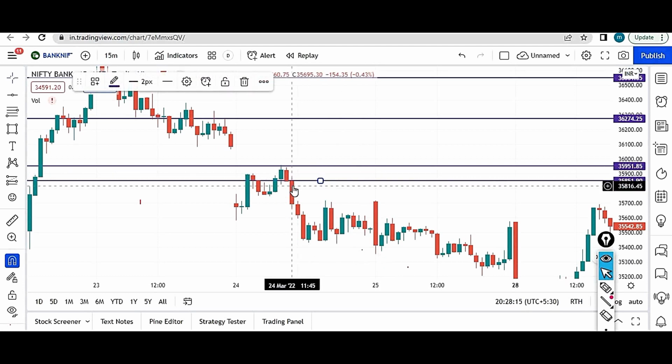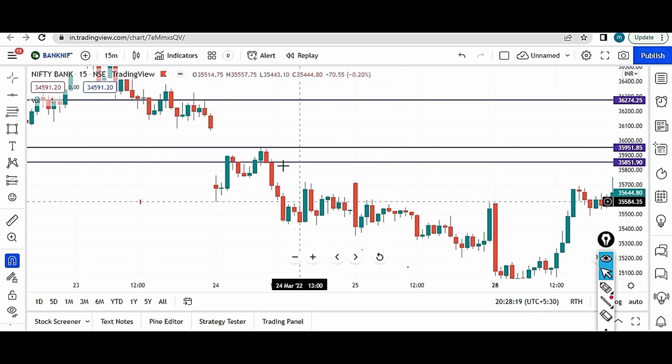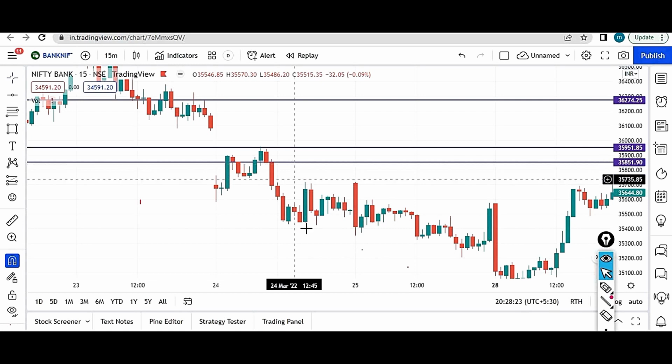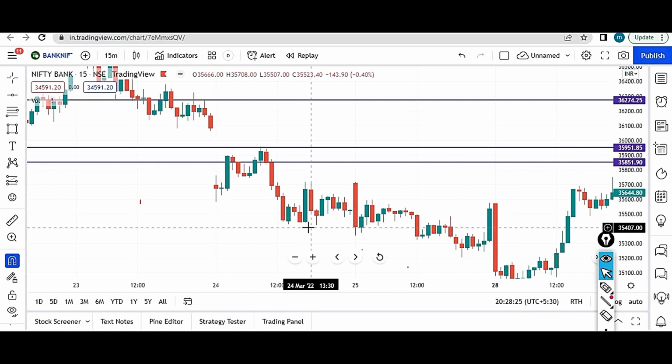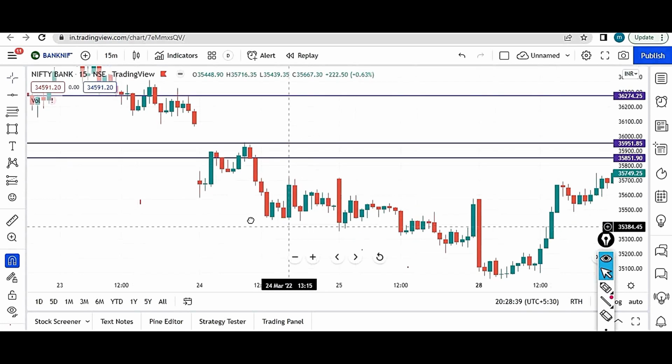It broke this level and fell almost 429, almost 380, 600, 835, almost 400 points move downside. Nearly 400 points move. Very good move, right?